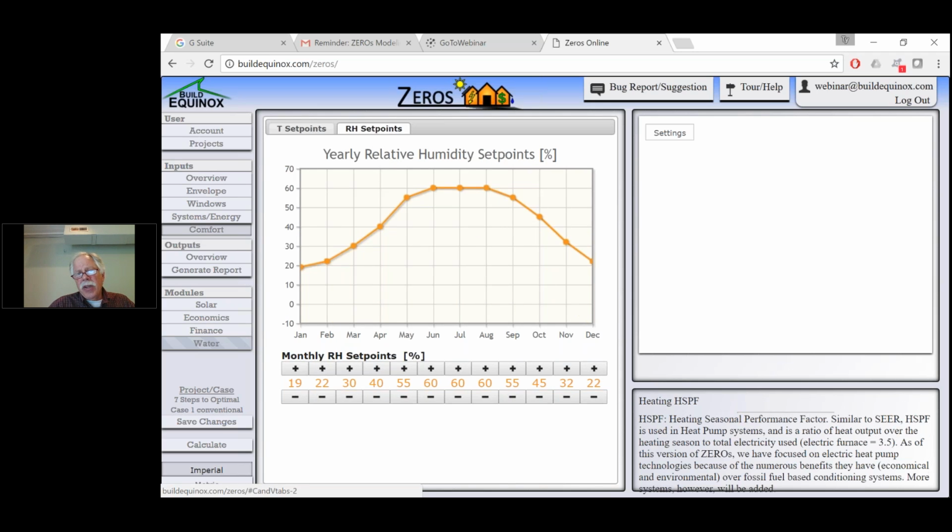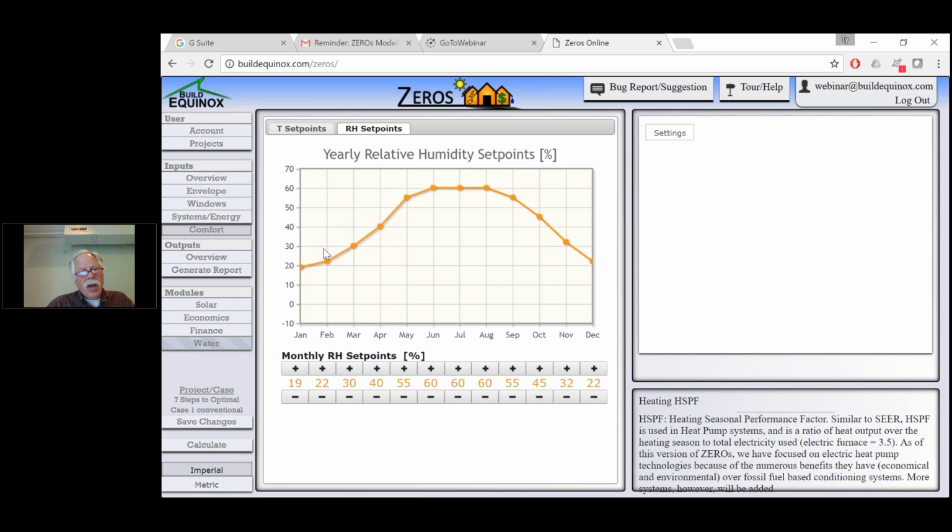And then another unique feature is setting the humidity. Because we have accurate moisture models within Zeros, and these have been checked versus the moisture that we collect in Equinox House over a several year period. And the two are in very, very good agreement.